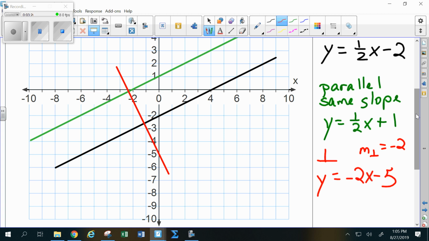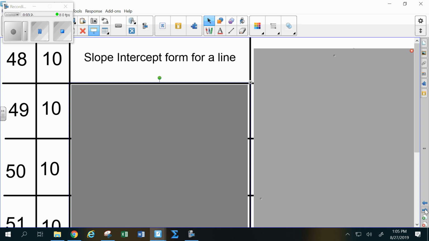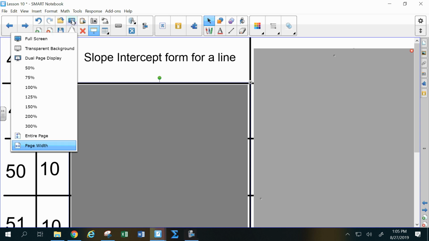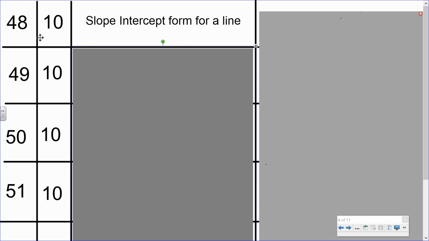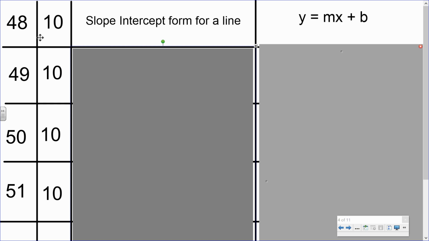So you guys have done a great job of remembering the things that we want to add to our formula list here. You have remembered that lines can be written y equals mx plus b, where m is the slope and b is the y-intercept.